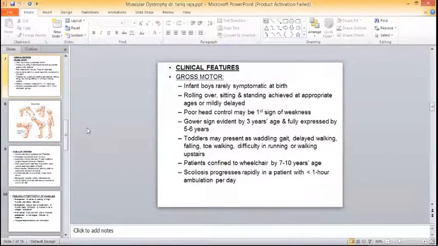Toddlers may have symptoms like waddling gait, delayed walking, frequent falling, toe walking, and difficulty in running and climbing upstairs. In a full-blown case patients would be confined to a wheelchair, usually at 10 to 12 years in most cases.